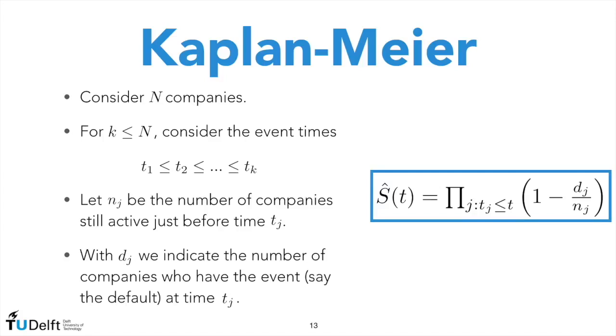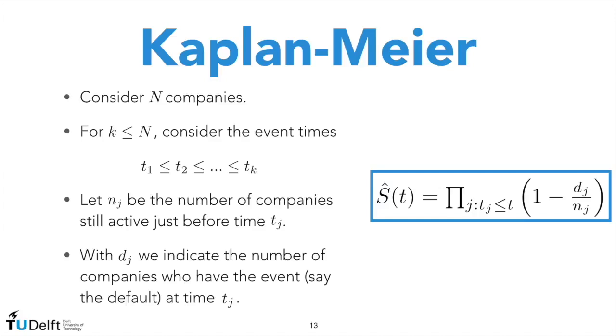With d_j, we indicate the number of companies experiencing the event, say for example the default, at time t_j. The Kaplan-Meier estimator for the survival function capital S(t) is represented by S hat of t, and it's the product over j such that t_j is smaller than or equal to t of 1 minus d_j over n_j.